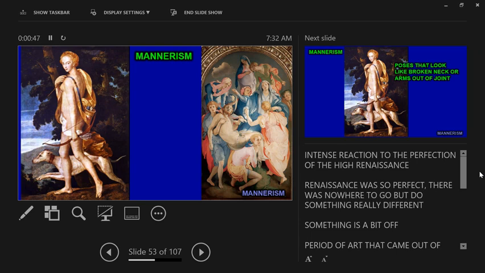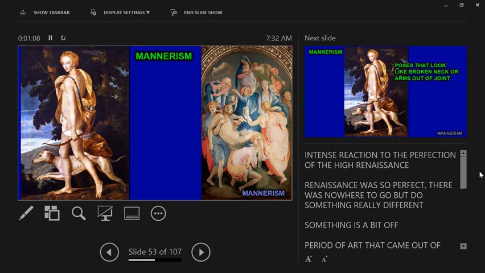But typically, as time went along, artists got better at making things, or it's just a natural progression to improve, and they just get more skilled. Almost never has it been a reaction to the previous style, but we have that here.